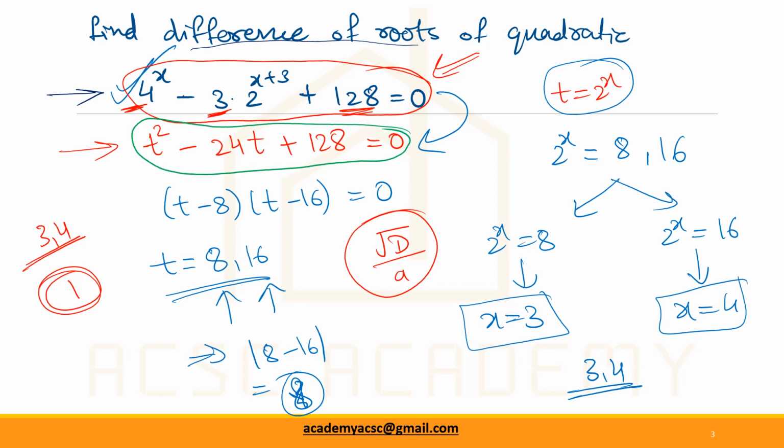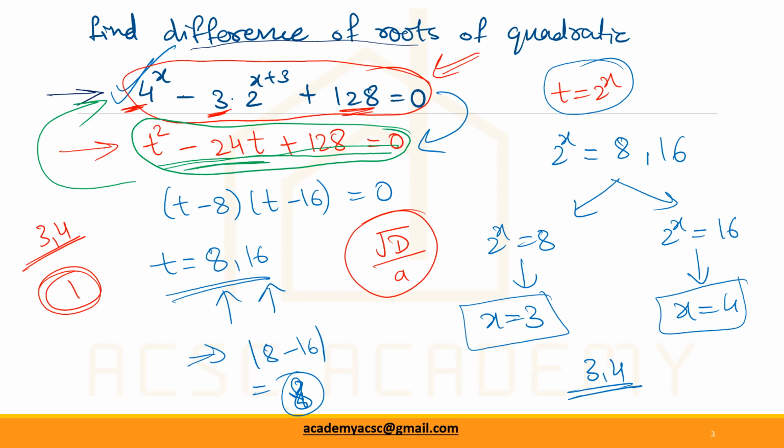So now here, why didn't we apply the formula? Because this is not the quadratic for which we wanted the difference of roots. We wanted the difference for the original quadratic. Hope you are getting it, because this is the modified equation. The difference of roots for both of them will be different. We have already seen, for this one the roots were 8 and 16, which means the difference is 8.